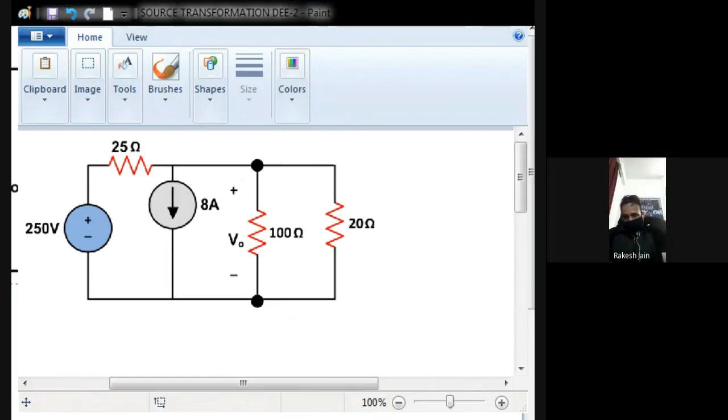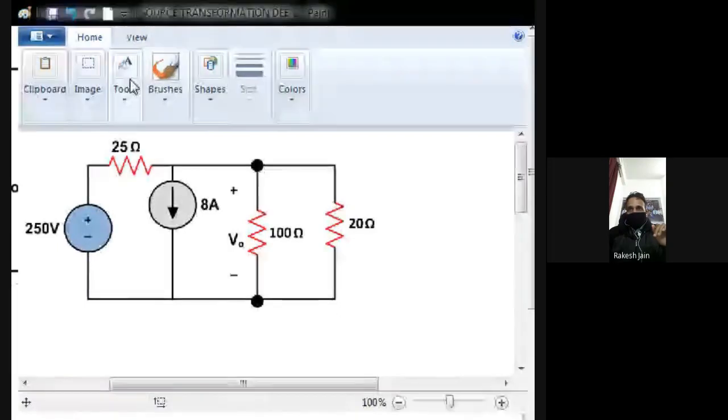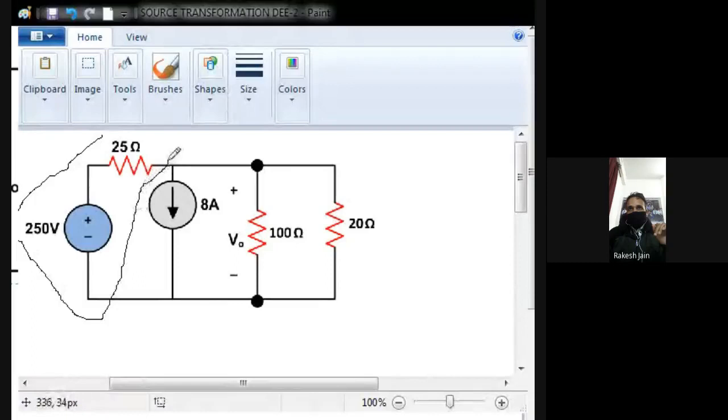Now see, this is a numerical in which I have to find the voltage V0. First of all, see this: the 250 volt voltage source is in series with a 25 ohm resistance, and I know the name of the technique, source transformation, which I discussed with you a few minutes ago: a voltage source in series with a resistor can be replaced by a current source in parallel with the same resistor.